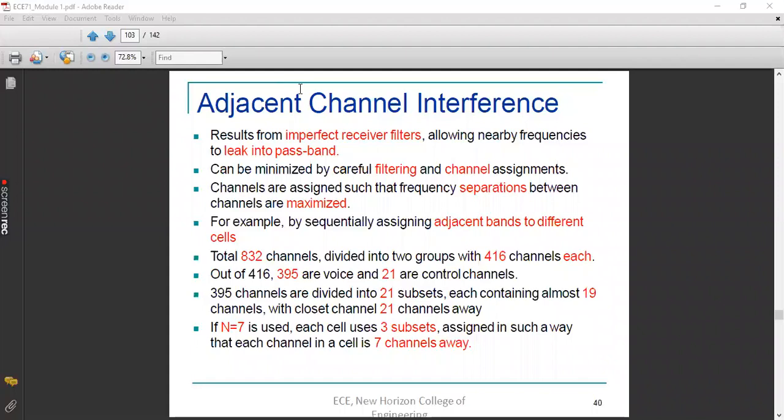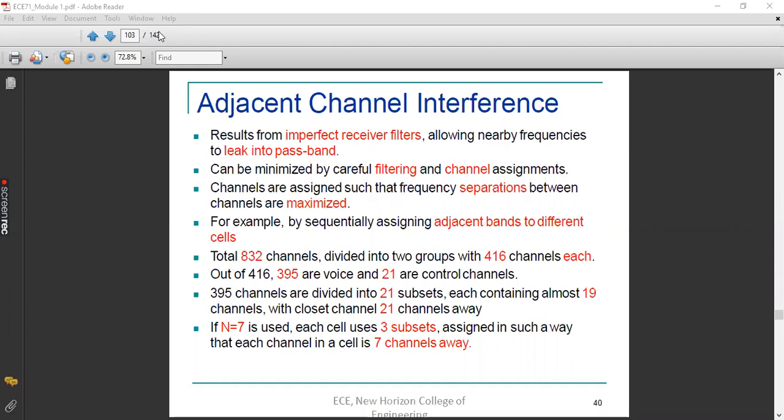So how we can minimize this adjacent channel interference is by having a separation between the channels. If the frequency separation between the channels is maximized, then we can minimize the adjacent channel interference. Means some guard band is to be allocated.